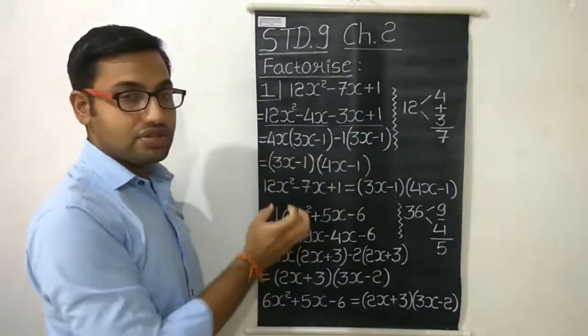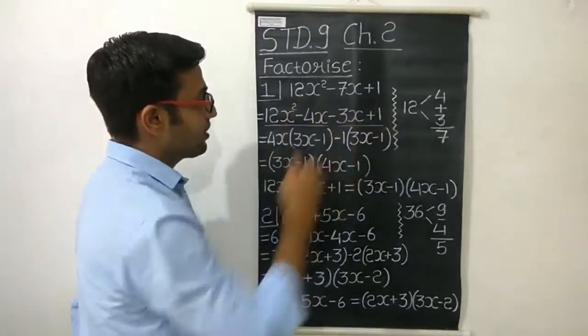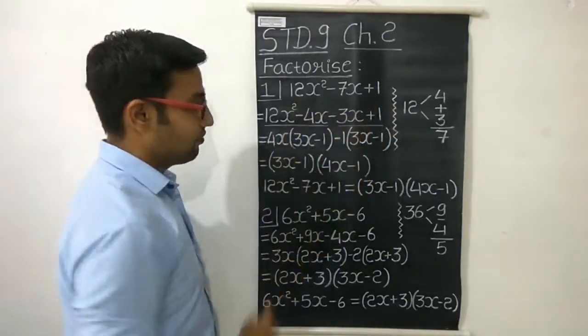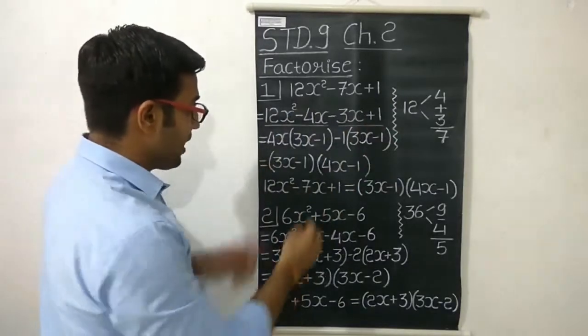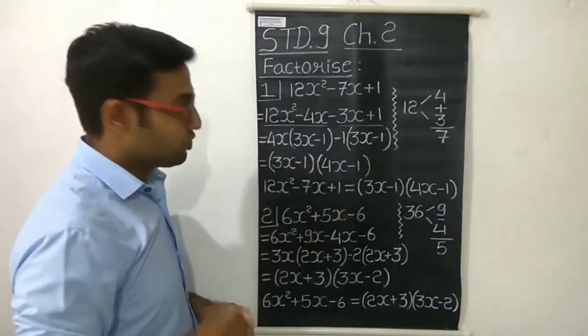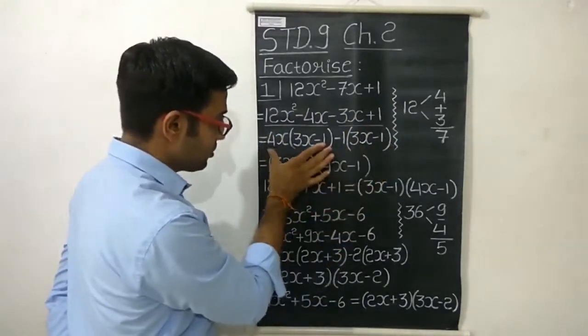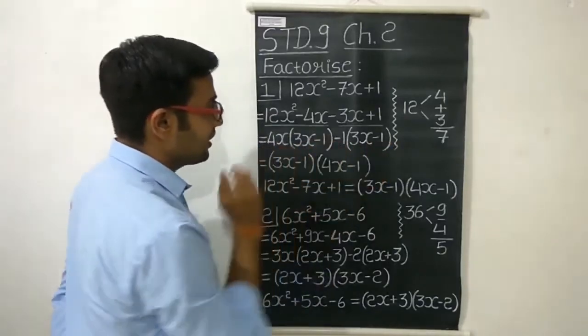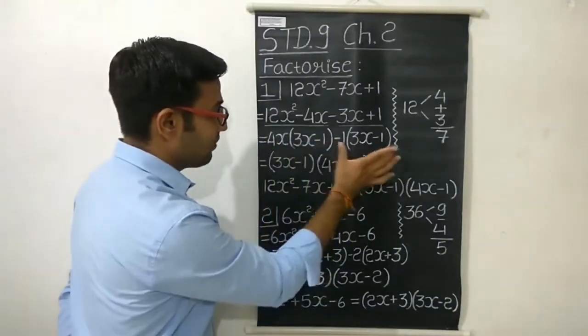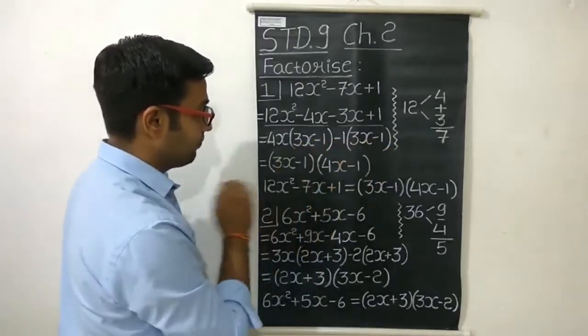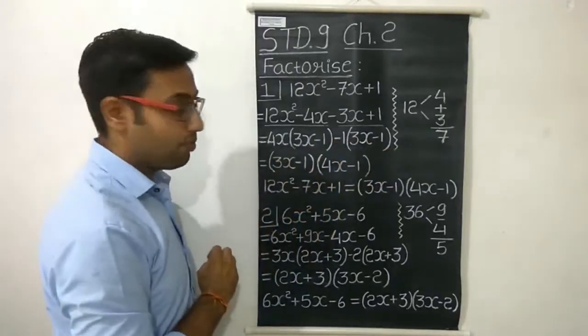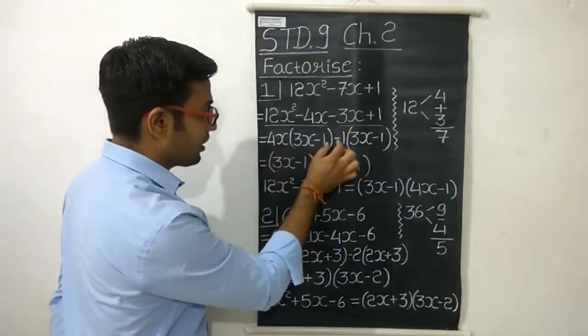So how many terms are there now? First of all, there are 3 terms. Then there became 4 terms. Now there are only 2 terms. So from the first term and second term, 3x minus 1 is common. So take this bracket as a common from both the terms. This is the 3x minus 1 as a common. Now what will remain? 4x minus 1.